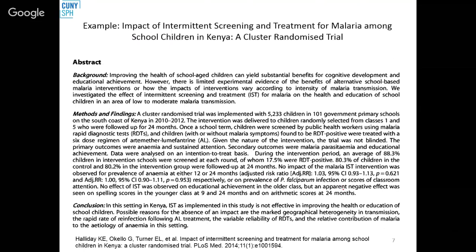And I've posted a PDF in your Blackboard under today's weekly materials, just of an example of this last question. The article is titled Impact of Intermittent Screening and Treatment for Malaria Among School Children in Kenya, a cluster randomized trial.